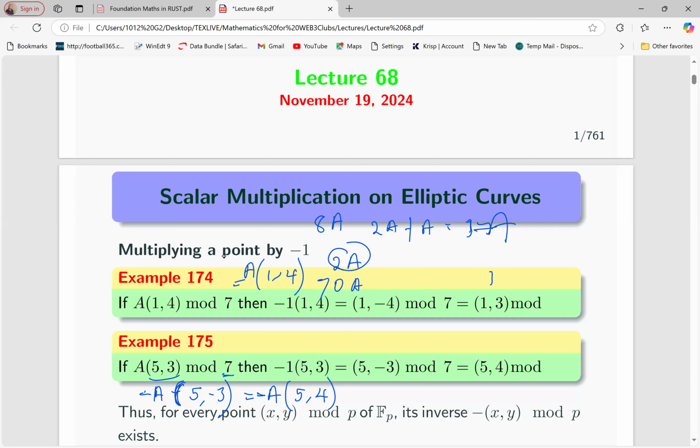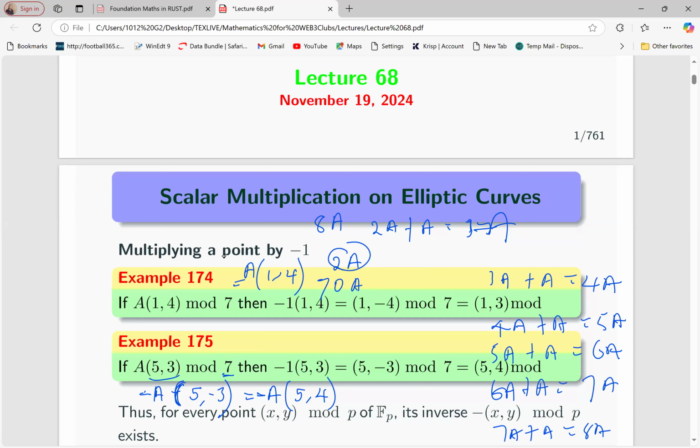Then this 3A, I'll add A to get 4A. And then this 4A, I'll add A to get 5A. This 5A, I'll add A to get 6A. And then this 6A, I'll add again A to get 7A. And then finally, I get 8A.